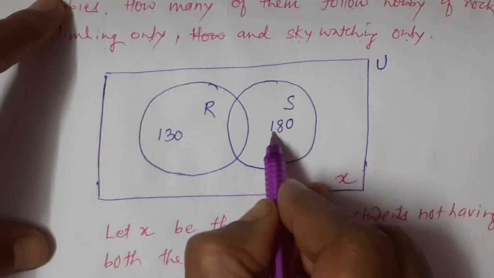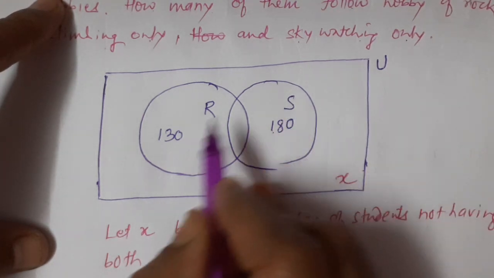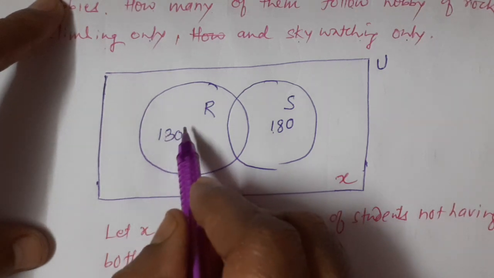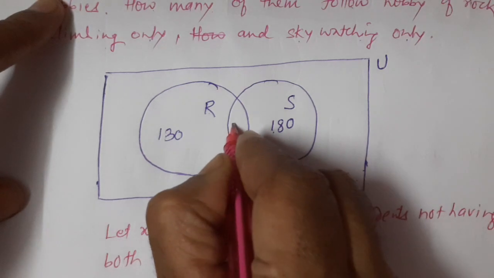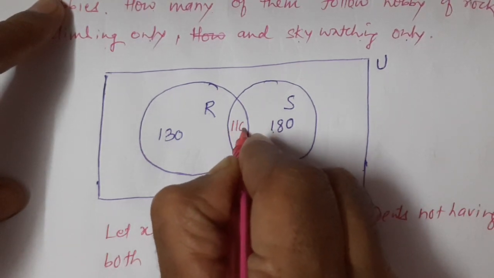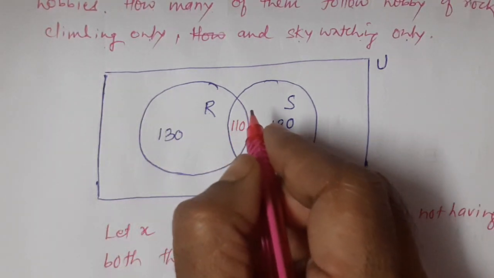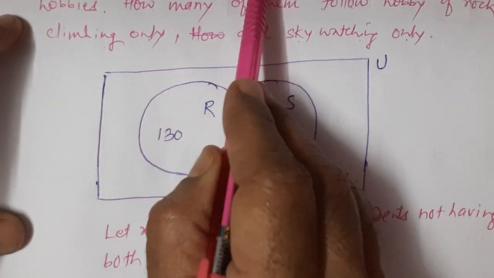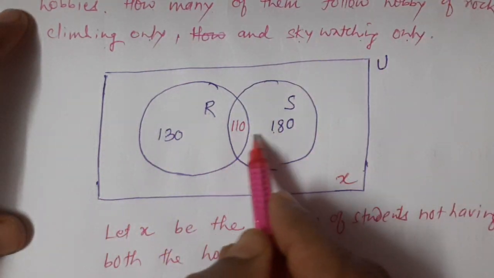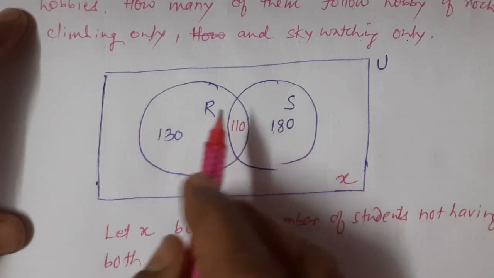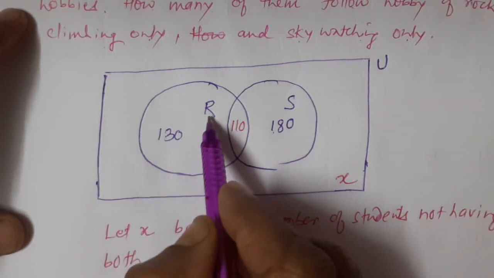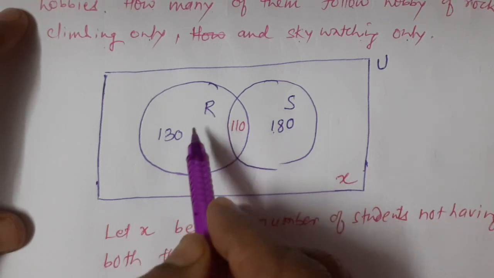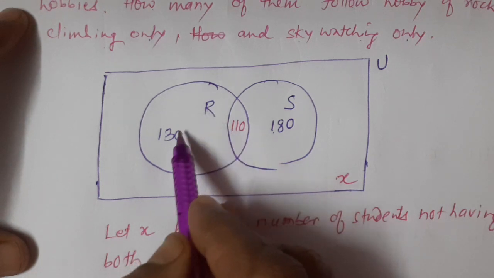180 students inform their hobby of sky watching, 130 inform about rock climbing, and there are 110 students who follow both the hobbies. But suppose you have to calculate how many students are interested only in rock climbing.